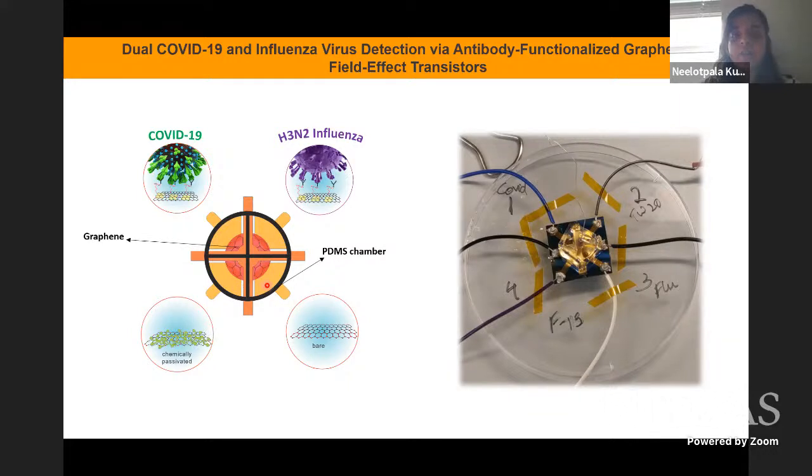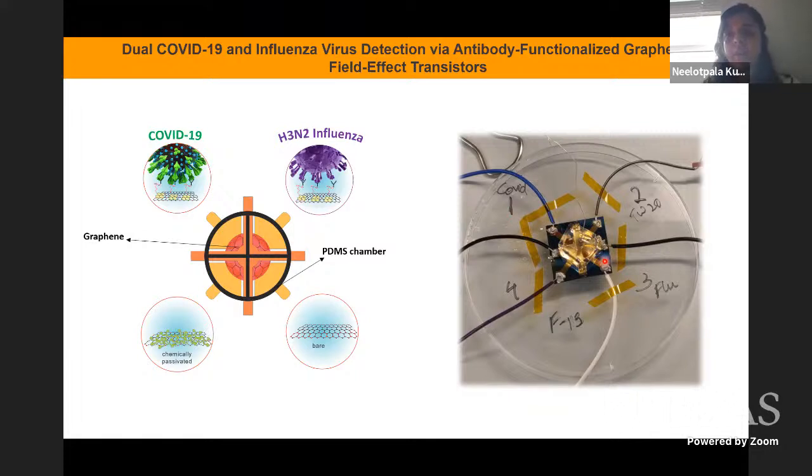And the third and the fourth chamber are the control chambers, which will be able to identify whether the results that we are getting are true positive or not. On the right side of the slide, we can see an optical image of the device that we have. If you look at it a bit more closely, we'll see that there are 4 quarters over here. Each quarter is basically one FET, or field effect transistor, which has been modified with COVID or flu and the respective chemical functionalization.